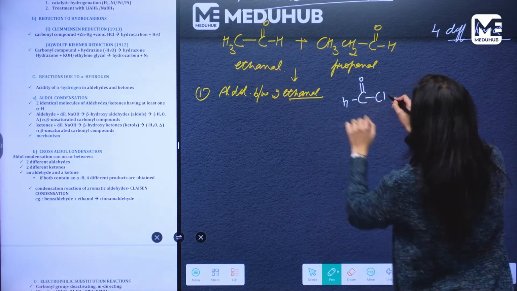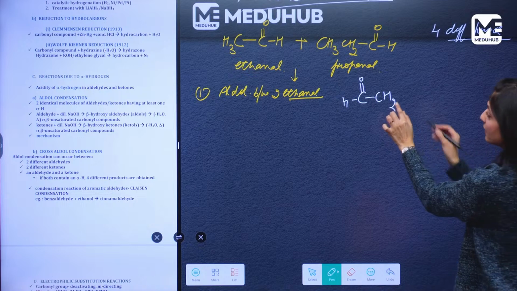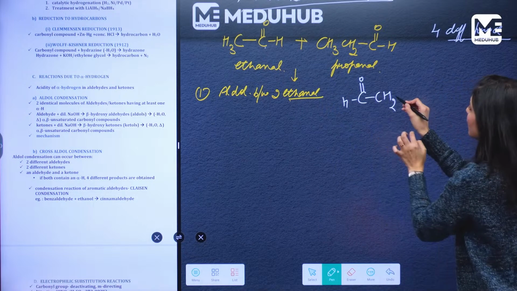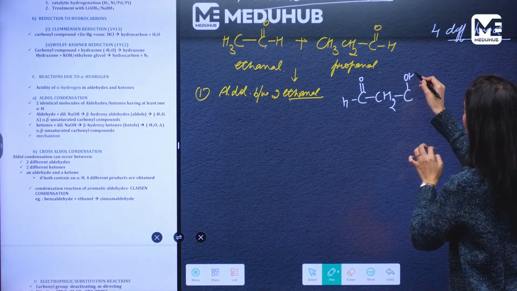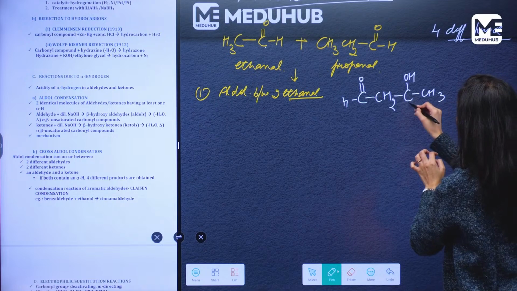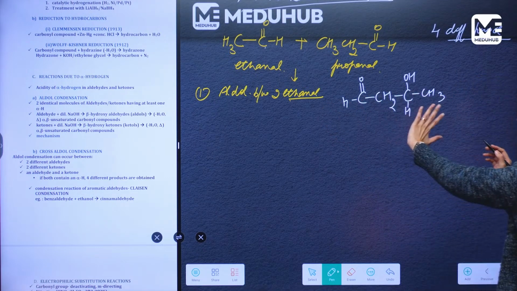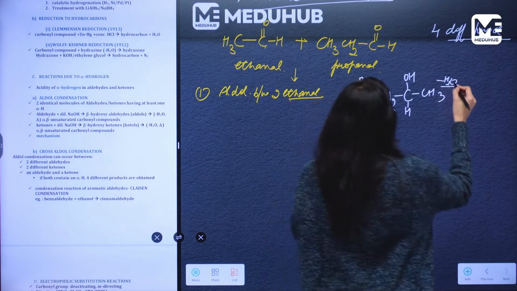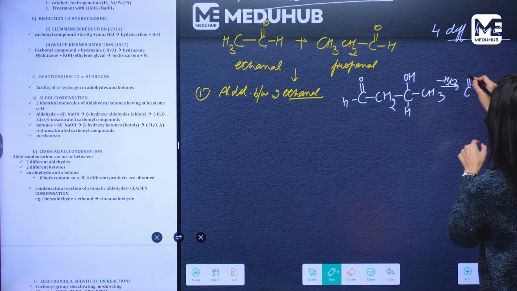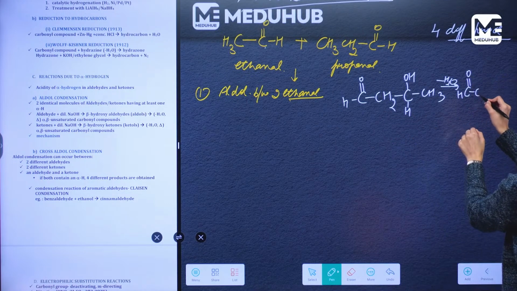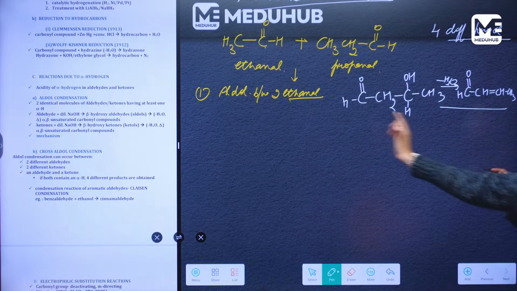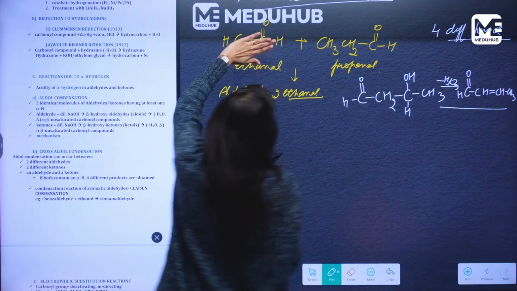The alpha hydrogen was lost from here, so this formed a carbanion. This carbanion attacked another molecule of ethanal at this carbonyl carbon to give us this hydroxy compound. Now this will lose a molecule of water and give us this. This will be the simple aldol product between two molecules of ethanal.